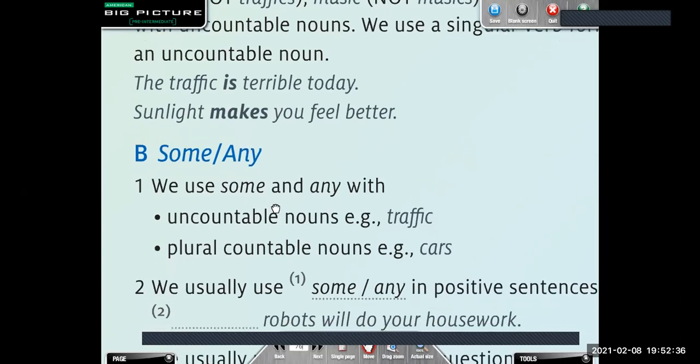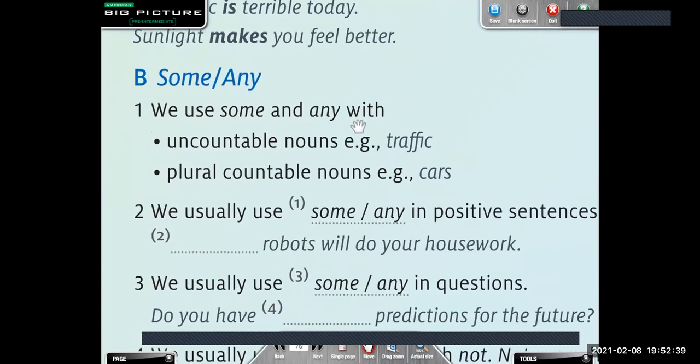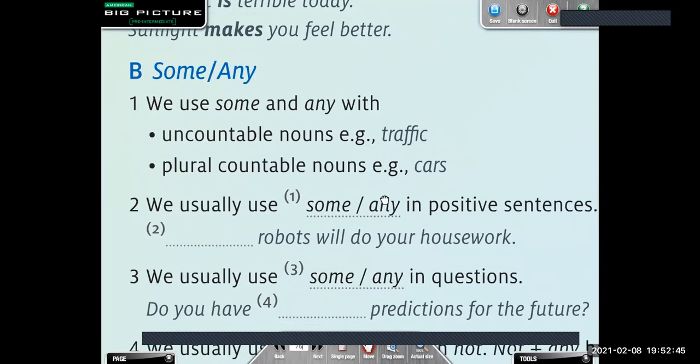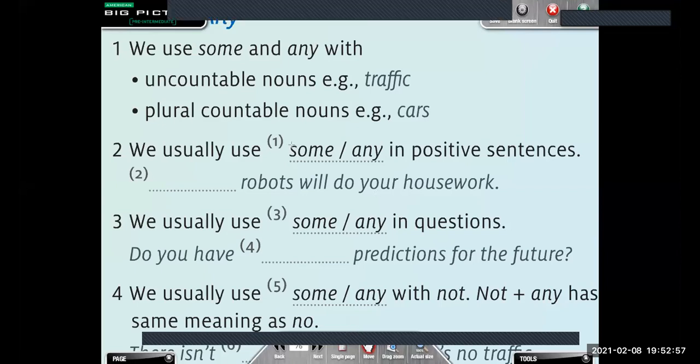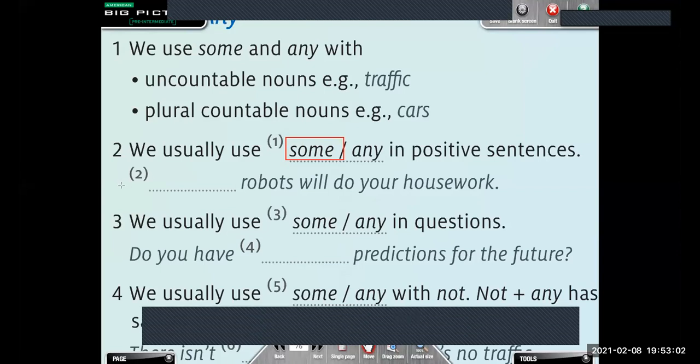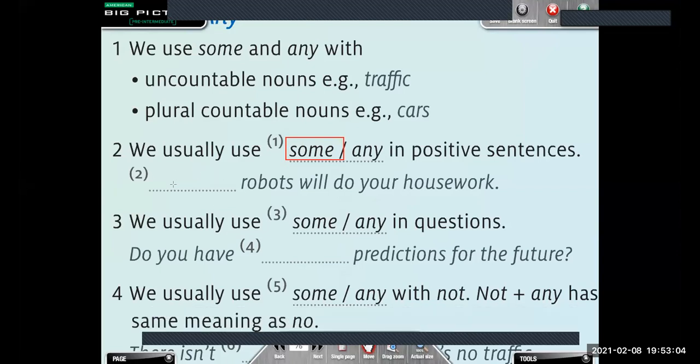Okay? We use some and any with uncountable nouns and plural countable nouns. We usually use some in positive sentences. ¿Qué utilizamos en positive sentences? Some, right? Okay. For example, what can we say here?